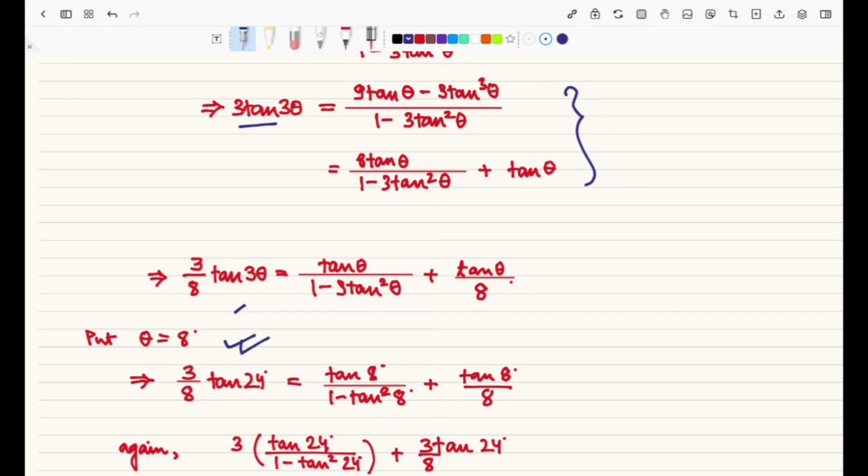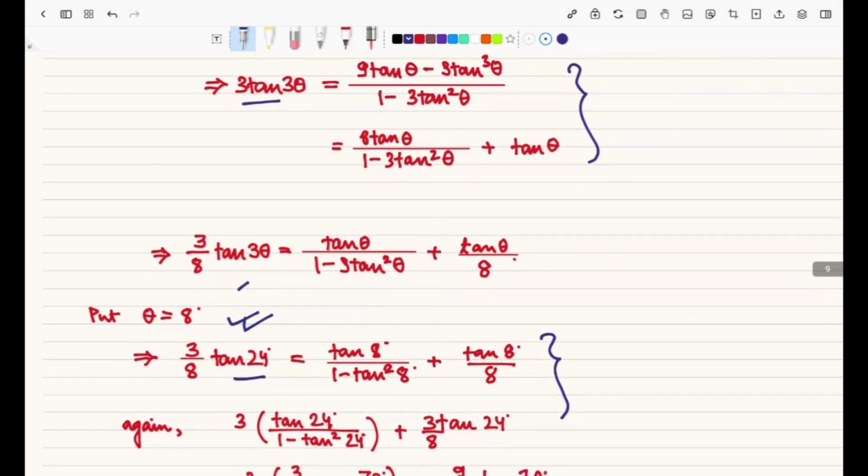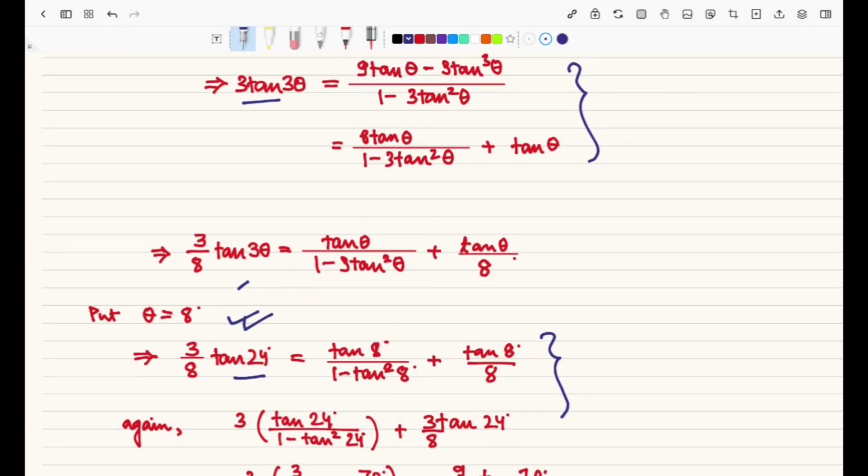That is what I basically do. Now when I put the value of theta equal to 8 degrees, it gives us the value of tan of 24 degrees in terms of tan of 8 degrees, right? Now similarly, putting the value of theta equal to 24, I can get this expression, right?